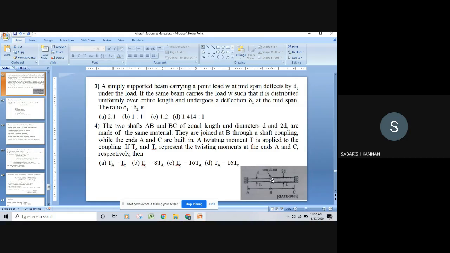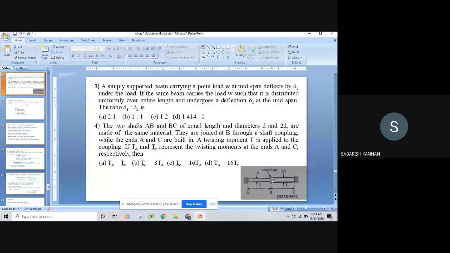Theta AB and theta BC are the same. Theta is nothing but twist per unit length. Applying the torque, the shaft will get twist. Here, due to the coupling, the twist is equal for both shafts, AB as well as BC.